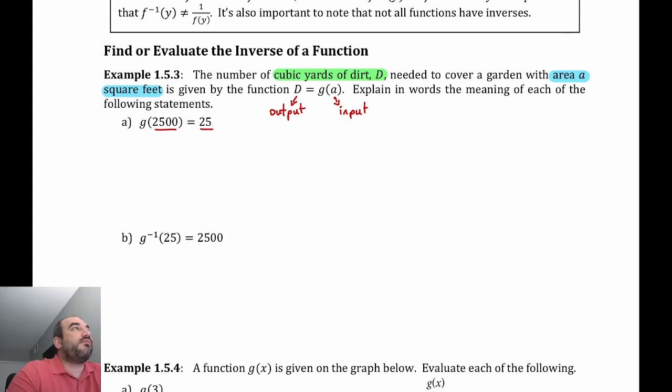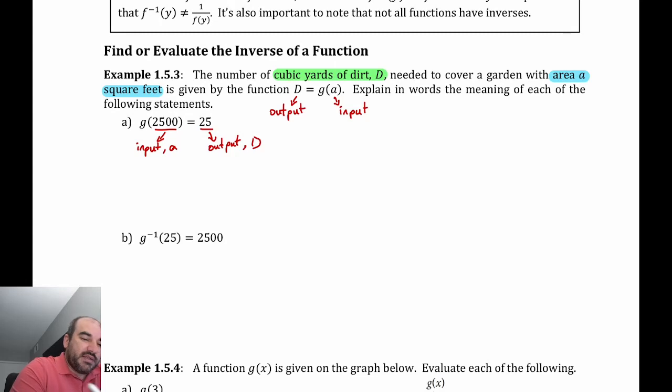Because it represents the D, because G houses the input, so 2500 will be the input. Good. And 25 is the output, right? Yeah. Good. So this is input, A, output, D.